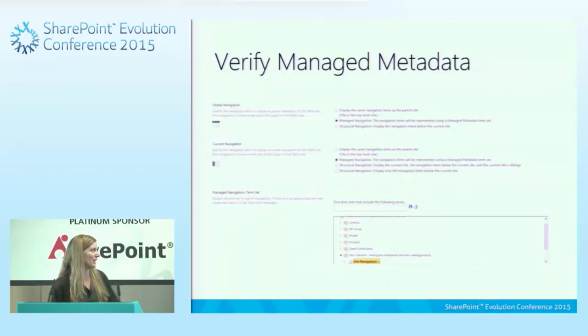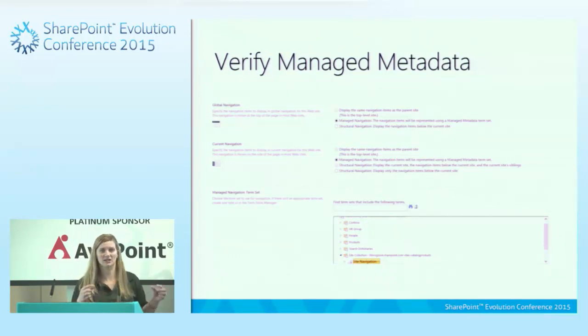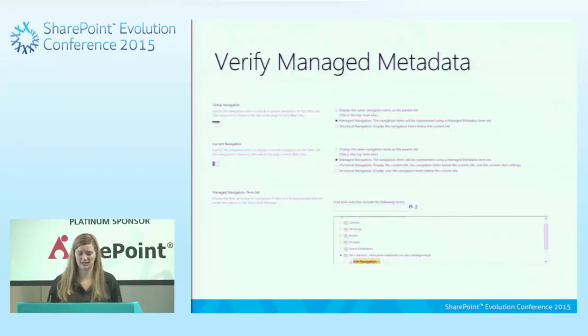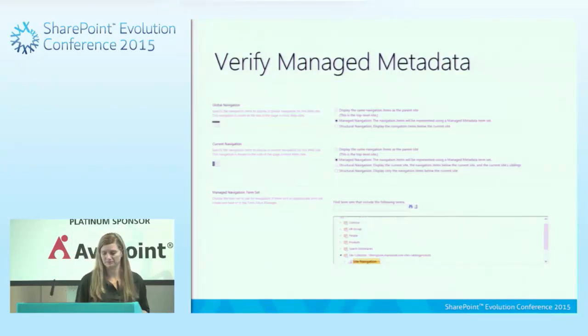It should show you site navigation down here when you look at it. It's not going to tell you the actual terms. It'll just show you that weird thing that says site navigation. But always go ahead and verify that, because I have had times when I turned on the connection to a catalog and it didn't automatically update for whatever reason, and I had to go in and manually put in that managed navigation, and then it would pick it up. Okay.